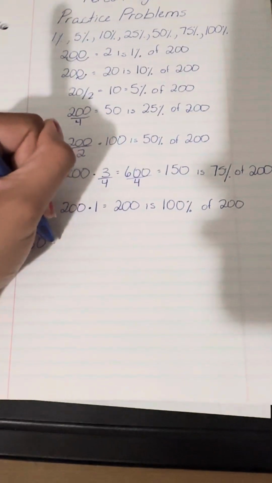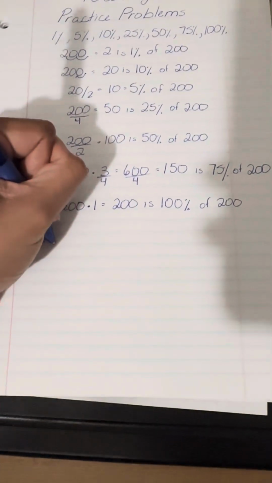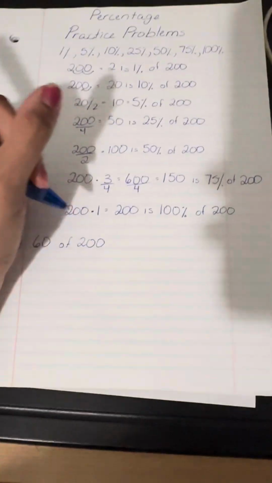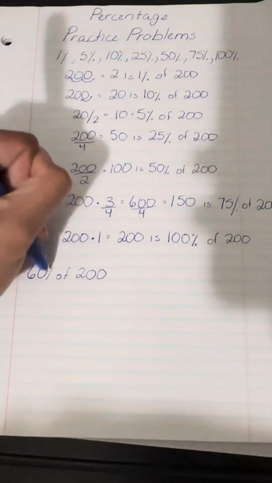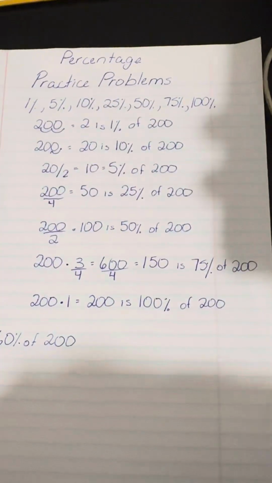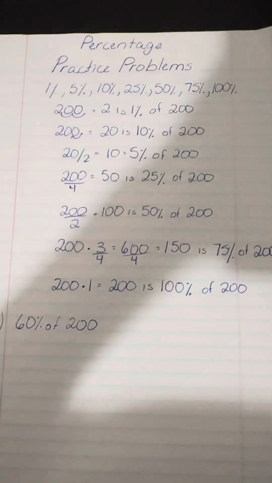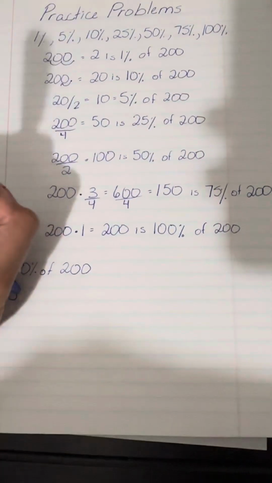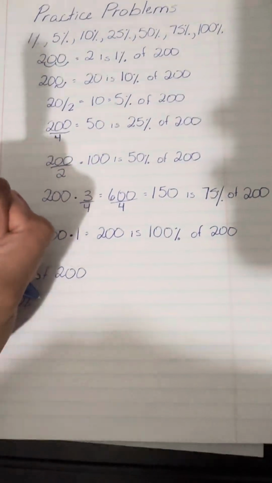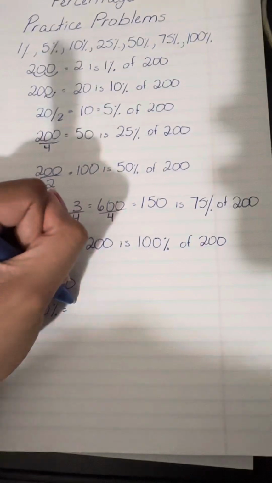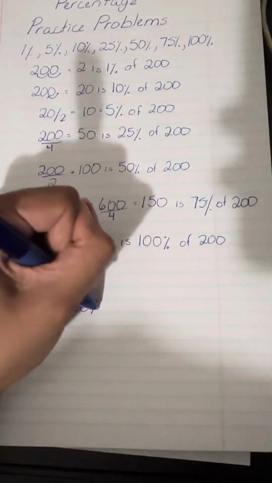Why not? 60% of 200, just to keep things simple. So 60% is not in our list of percentages we have memorized, but that's okay. We can figure it out. So we know that in order to get 60%, we have to do 50% plus 10%, and that's going to give us 60%.